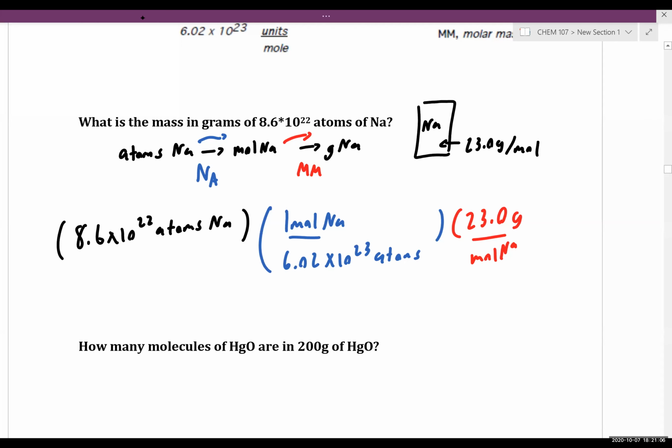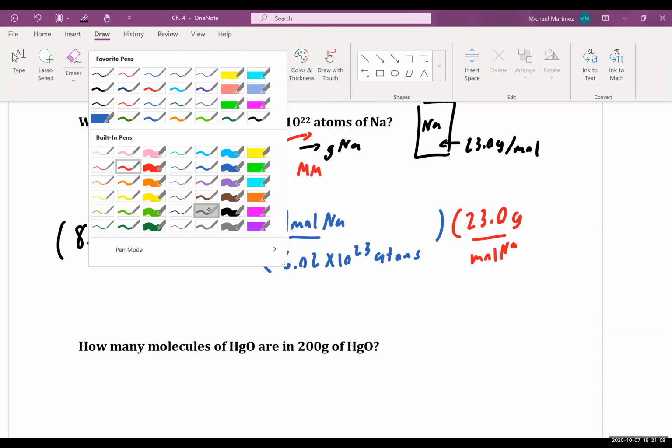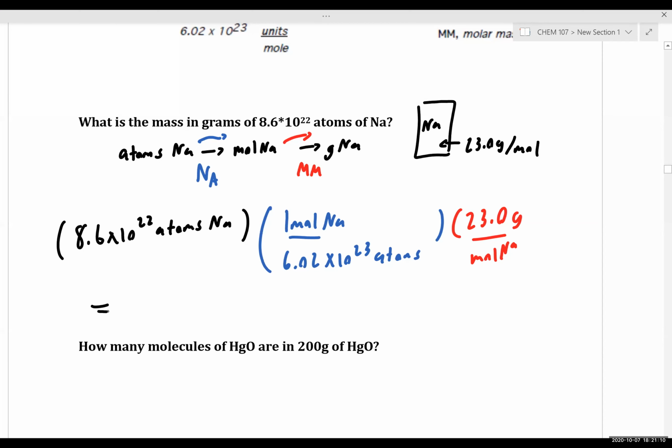Now, punching this into our calculator, we get 3.3 grams of sodium.